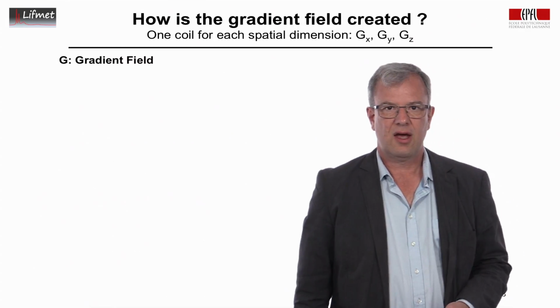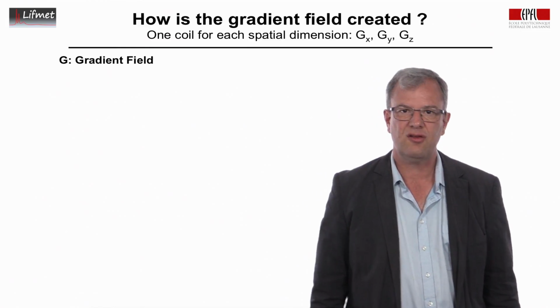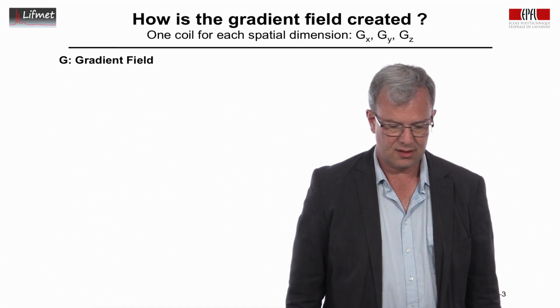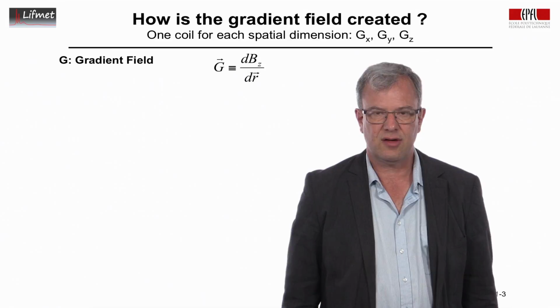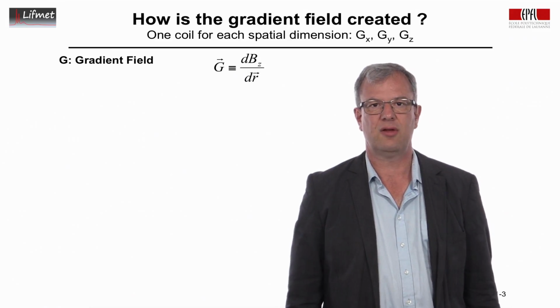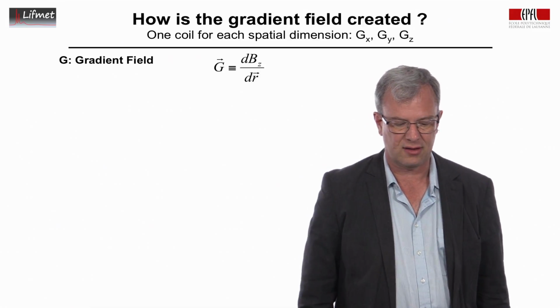So now this vector G, we call this the gradient field. And the question is, how is this gradient field actually physically generated? I'll recap here the definition. The gradient vector is given by the derivative of the Z component of the magnetic field with respect to the position in each of the directions. That gives the components of this vector.